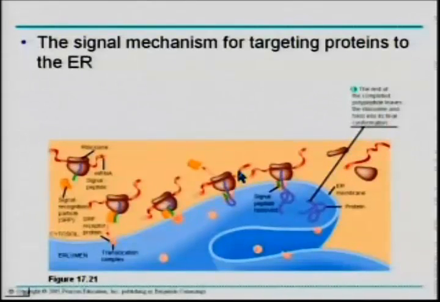So the signal mechanism for targeting proteins to the ER is shown in this illustration. A polypeptide destined for the endomembrane system or for secretion from the cell begins with a signal peptide, little green signal peptide here, a series of amino acids that targets it for the ER.